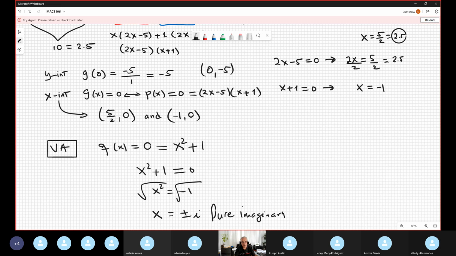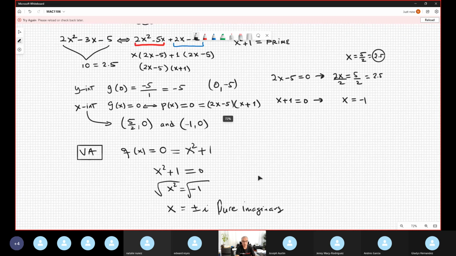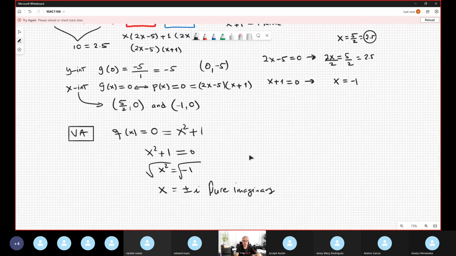And remember my recommendation, I explained it before. In algebra, when you try to find something and the answer is complex or imaginary, that means that the thing you try to find does not exist.